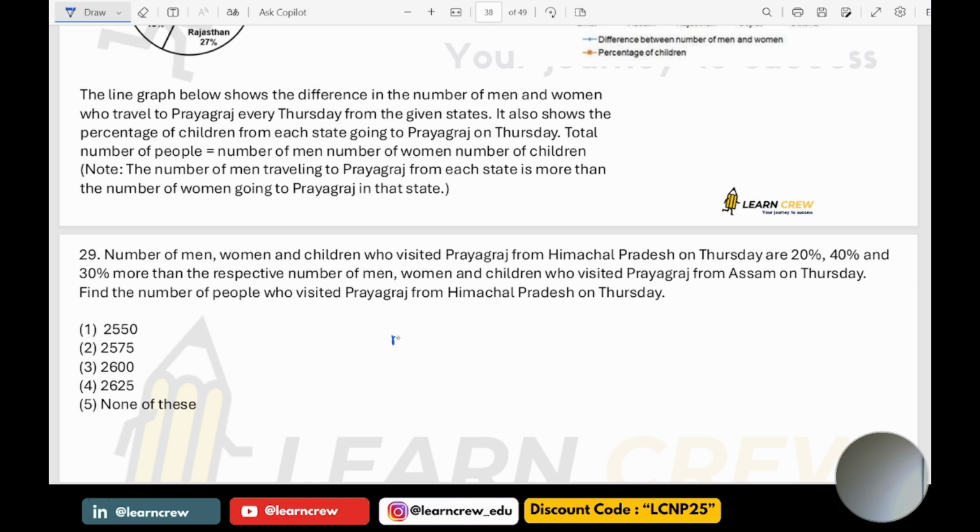Men, women and children, 20%, 40% and 30% more. So 120% of 775 is 930. 140% of 525 is 735. 130% of 700 is 910. Now what is the sum of all these three? The sum of all these three would be 2575. So the answer is option 2. Now question number 30.